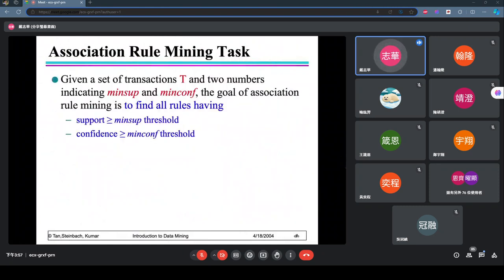So the formal problem formulation is, what is association rule mining? It is given a database. Here, the example is a transaction, but you could generalize it. It's not necessarily transactions. It could be any database, like a document.